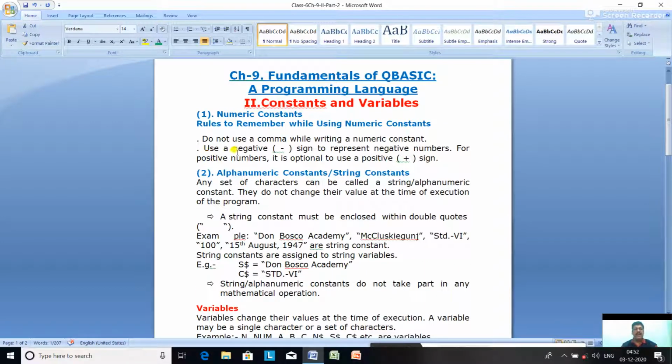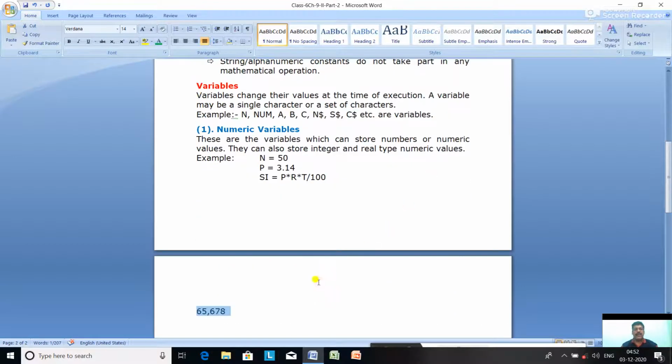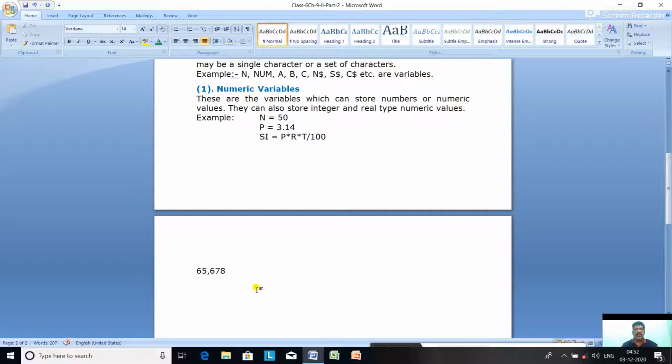Second, use a negative sign to represent negative numbers, like minus 99, minus 78, minus 56. If a number is negative, before the number you have to show the negative sign.